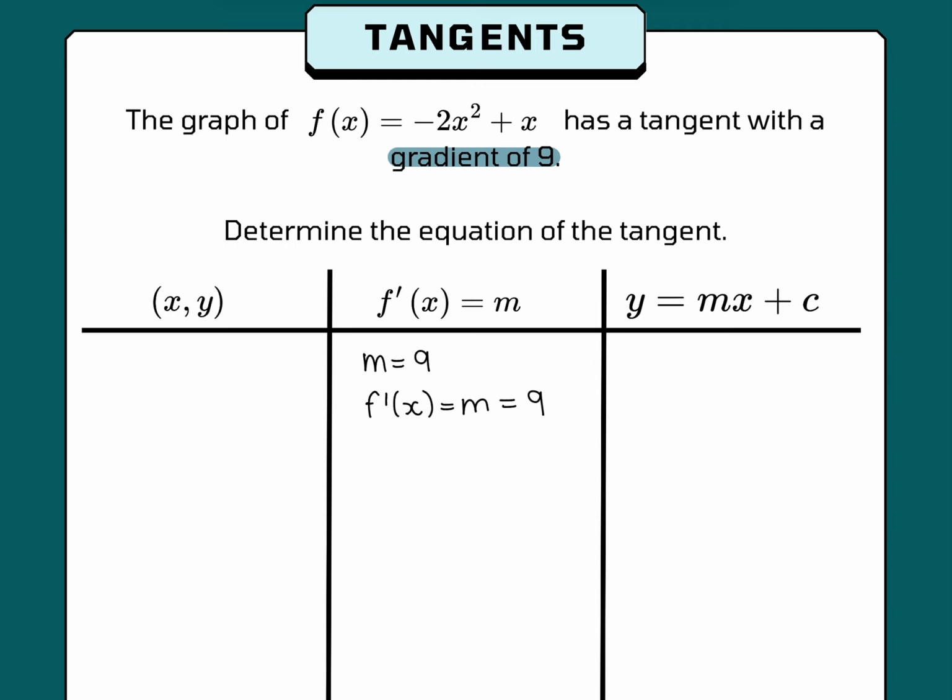So taking that into consideration, you need to derive what was provided to you using your derivative principles. That would then leave you with negative 4x plus 1. But remember, I just told you that the derivative equals the gradient at that specific point.